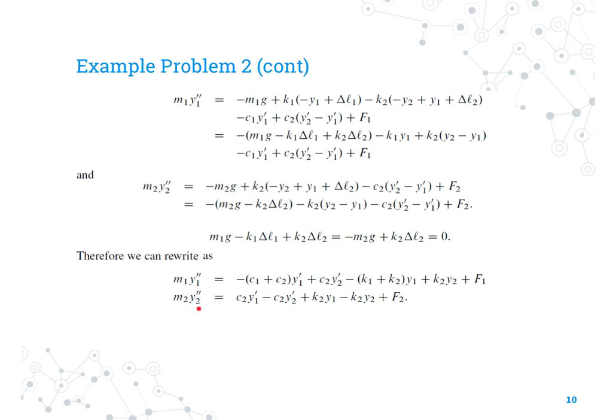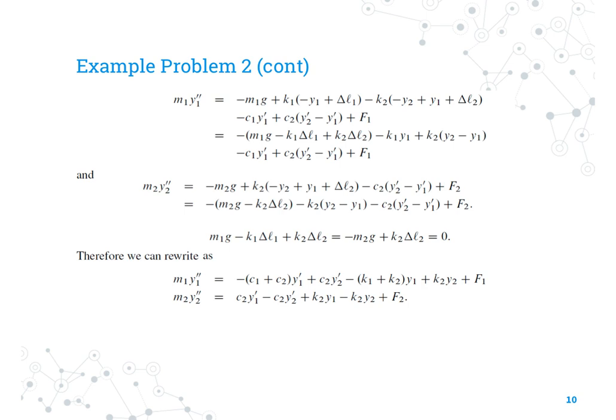M2 y2 double prime can then simply be written as C2 y1 prime minus C2 y2 prime plus K2 y1 minus K2 y2 plus the external force acting on mass 2.